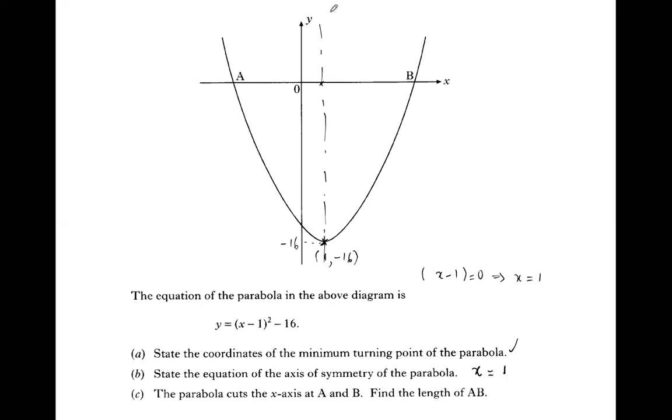So on this line here, x is always equal to 1, and that's what the axis of symmetry is. Now the parabola cuts the x-axis at A and B. Find the length of AB. So to find the length, you would need to find A, and then you would need to find B.